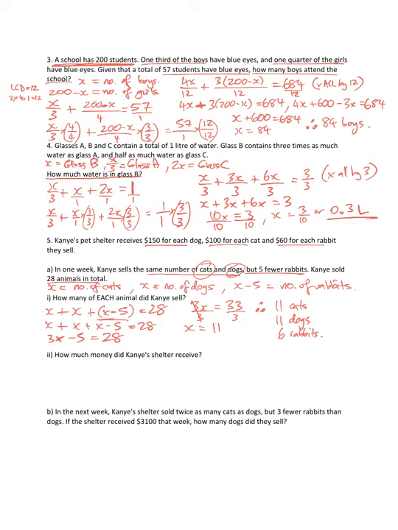We're given the information for how much they're sold for up the top, the first part of the question. So 11 cats at 100 each, plus 11 dogs at 150 each, plus 6 rabbits at 60 each. 11 times by 100 is 1100. 11 times by 150 is 1650. 6 times by 6 is 36, with the 0, $360.